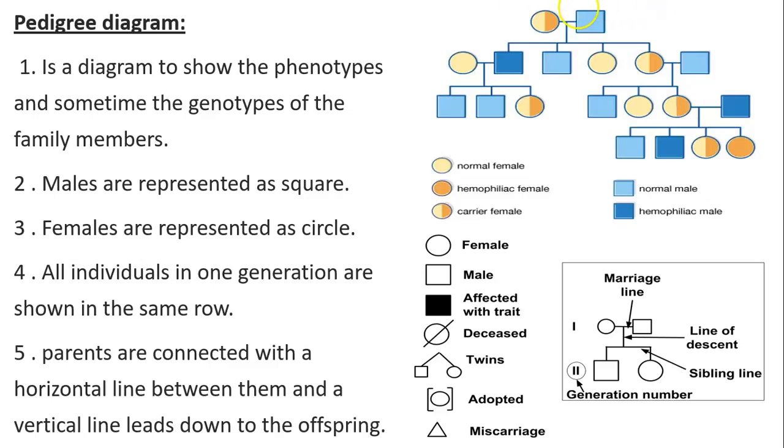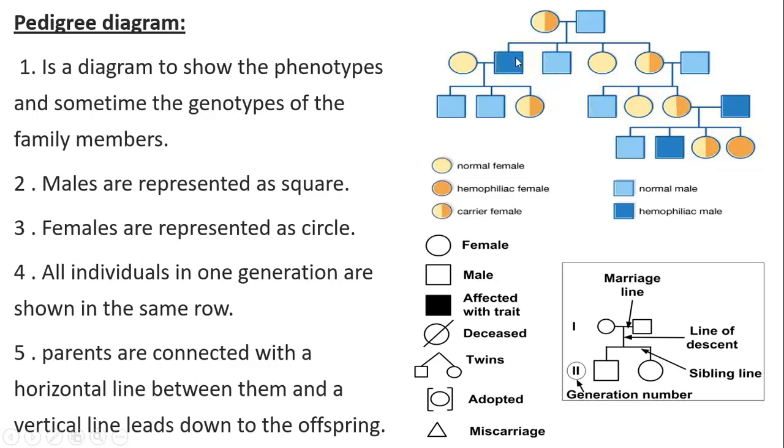The horizontal line connecting the square with the circle here is a marriage line or the crossing line. And now this vertical line represents offspring. So the vertical line connects offspring to their parents. And when you see a shaded square or circle, this means that this individual shows the phenotype of the trait we're following.